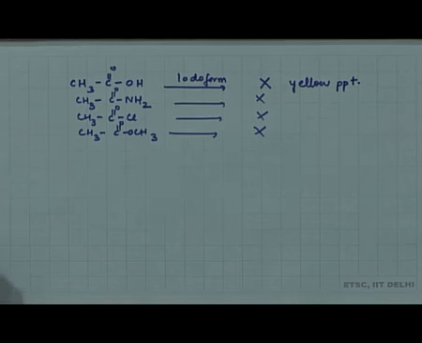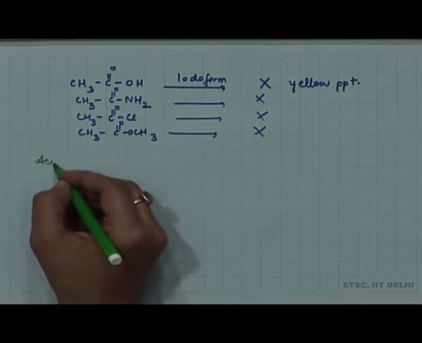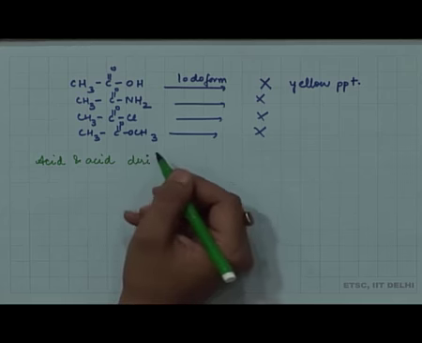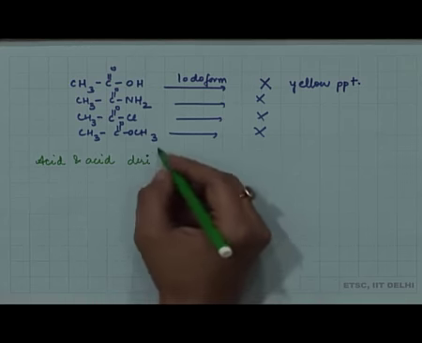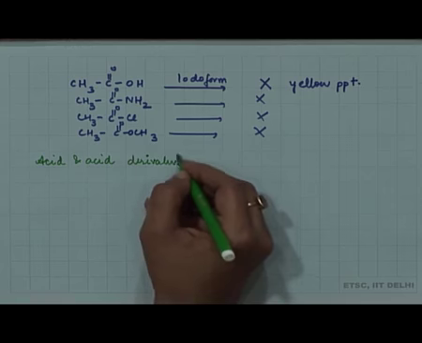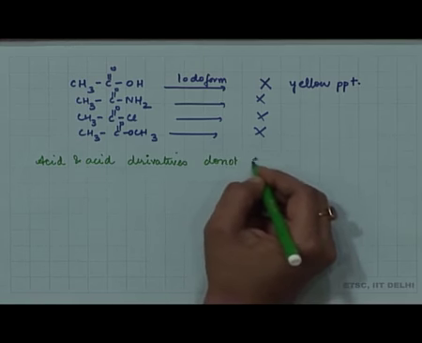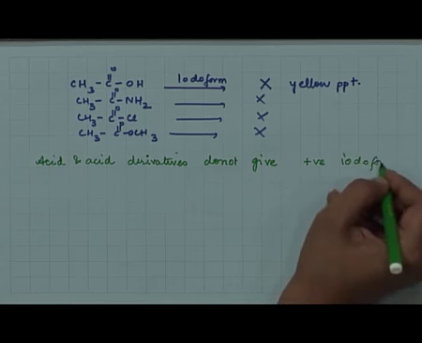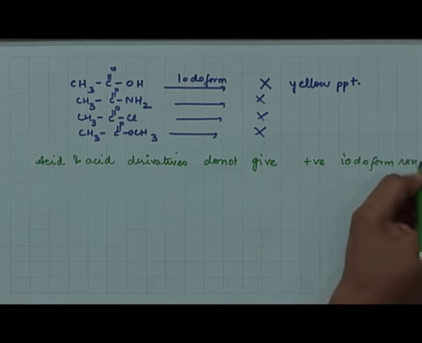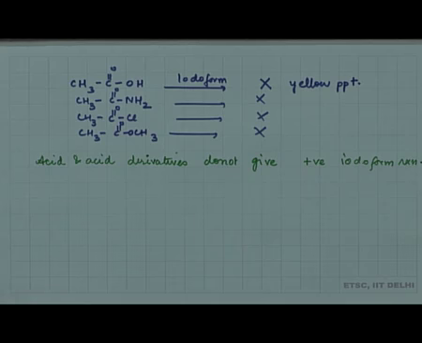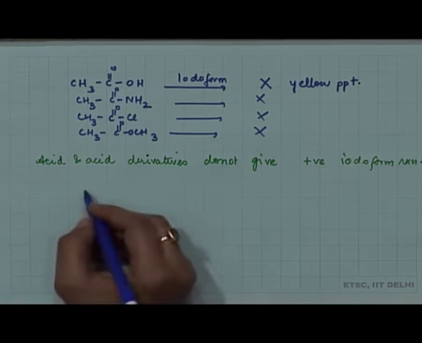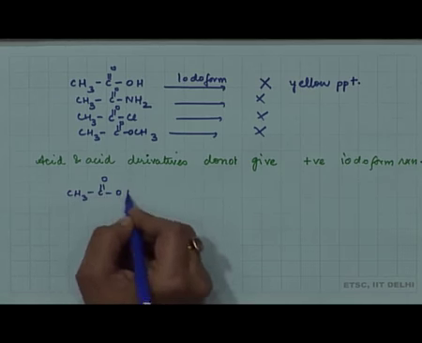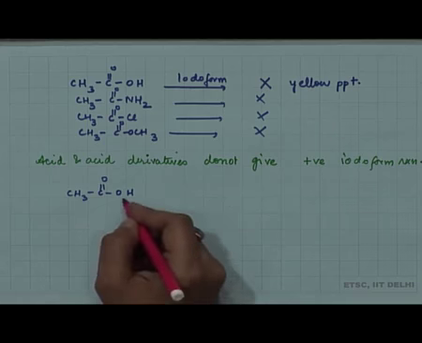So, in general we say that acids and acid derivatives, other than ketones and the aldehyde acetaldehyde, do not give a positive iodoform reaction. Now, let us rationalize why this is happening. Recollect that we are carrying out this reaction under alkaline conditions. If you have an acid, this is the most acidic proton of the acid.